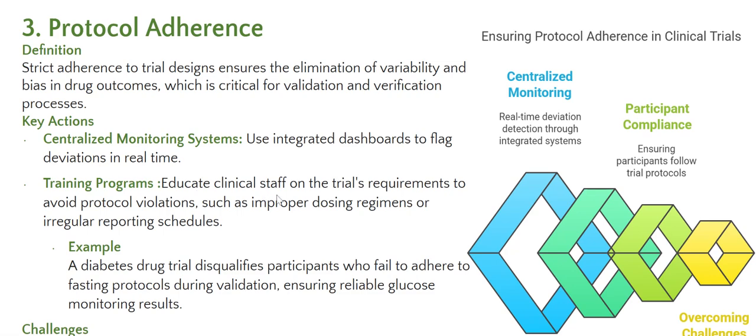Training programs educate clinical staff on the trial's requirements to avoid protocol violations or deviations, such as improper dosing regimens or irregular reporting schedules. Example, a diabetes drug trial disqualifies participants who fail to adhere to fasting protocols during validation, ensuring reliable glucose monitoring results.